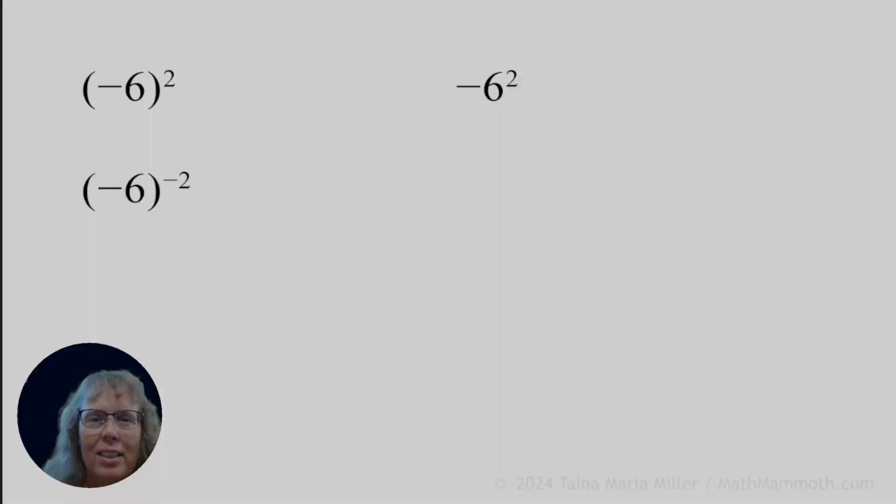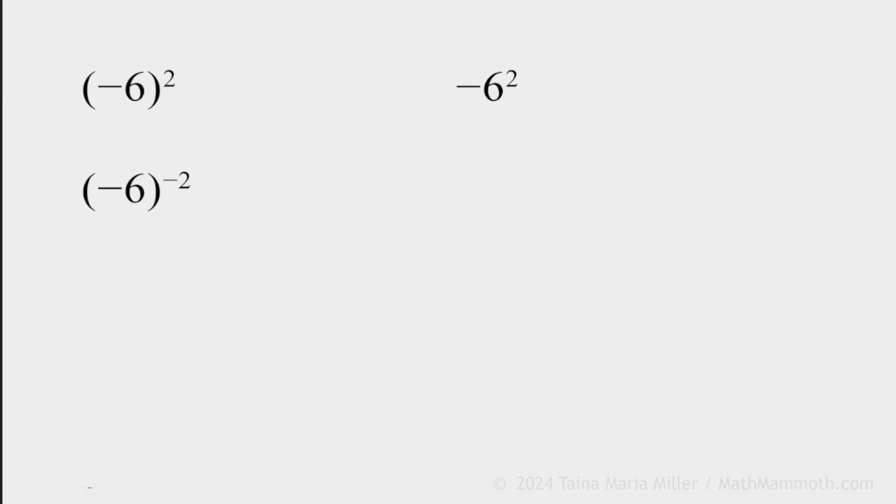Well, good. Now we need to look at some of these negative numbers so we don't get confused. What if there's a negative number to a negative exponent? What if there's parentheses or there's no parentheses? Are these the same thing or are they all different? They're all different. This first one means -6 squared, okay? So it just means -6 times -6.